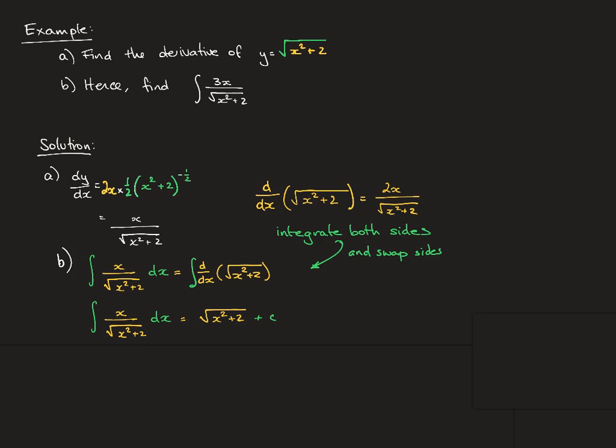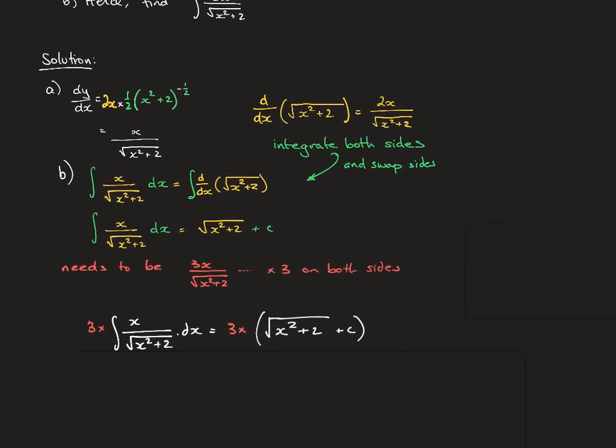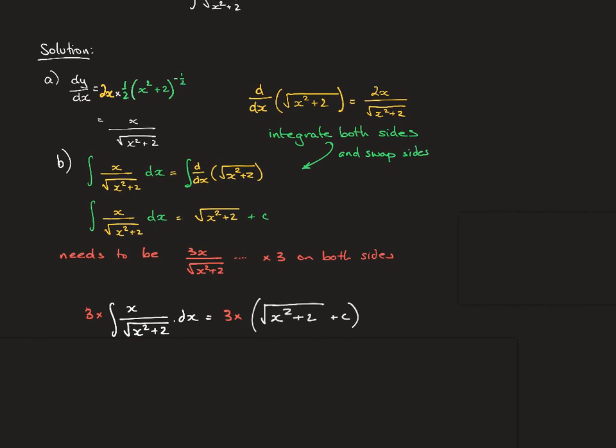So what I am going to do is that I need to have 3x on the top. So I'm going to multiply both sides of that equation by 3. So multiply the whole of both sides of the equation by 3. And then what you can do is bring this common factor of 3 back into that integral, and now it looks exactly like what it's meant to look like.